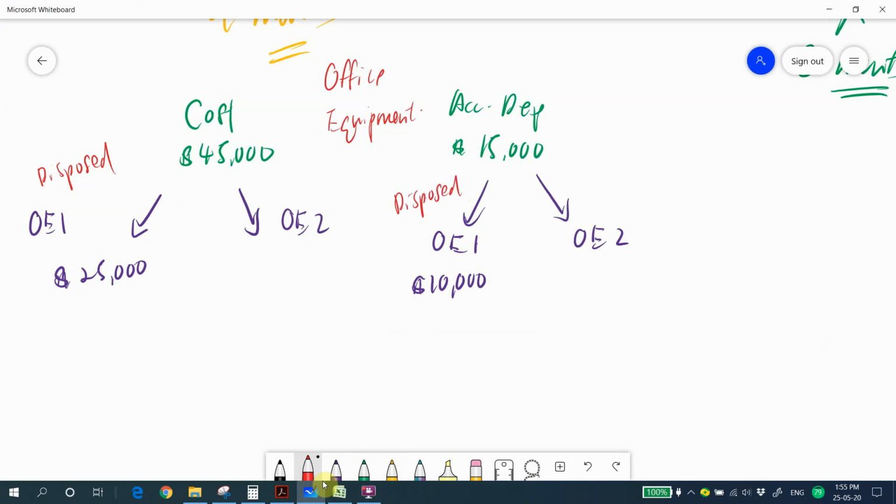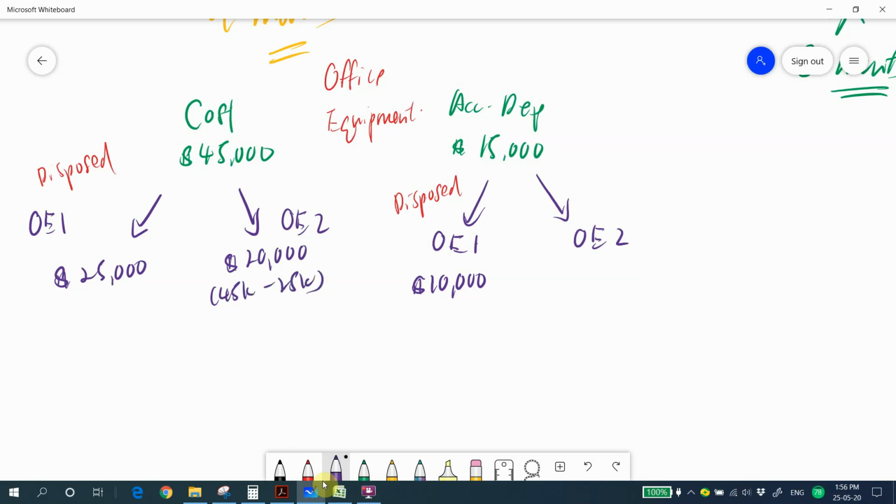So from this comparison, can you get the cost for office equipment 2 as well as the accumulated depreciation of office equipment 2? I think easy, right? 45,000 is the total cost. If the disposed asset is 25,000, the remaining will be 20,000. How to get 20,000? We use 45 minus 25.